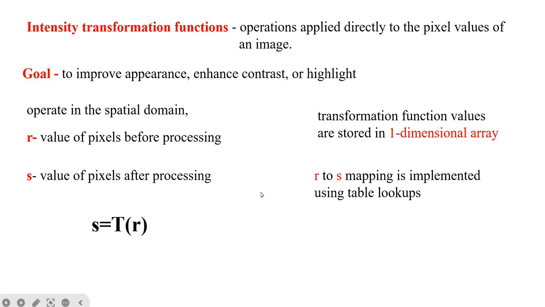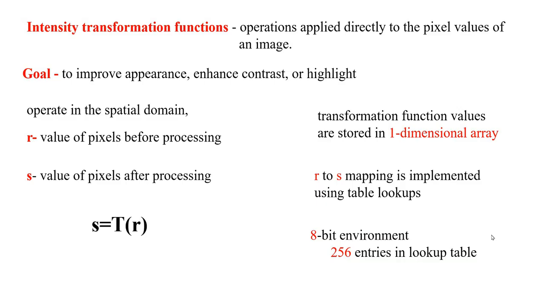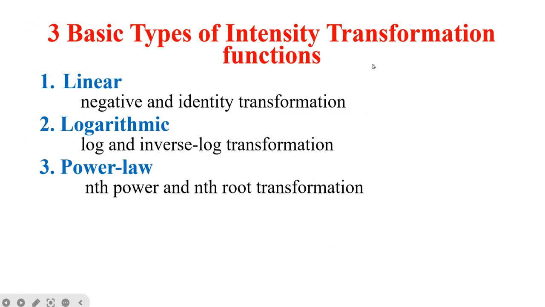For an 8-bit environment, a lookup table containing the values of T will have 256 entries. So now there are three basic types of intensity transformation function which are used for image enhancement.